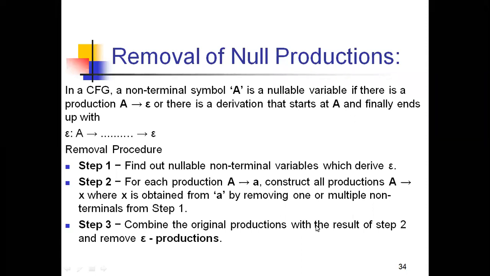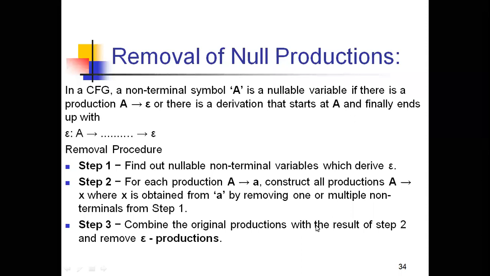If you have an epsilon production with some variable like A, first of all you need to check what the other rules for A are, along with the epsilon rule.